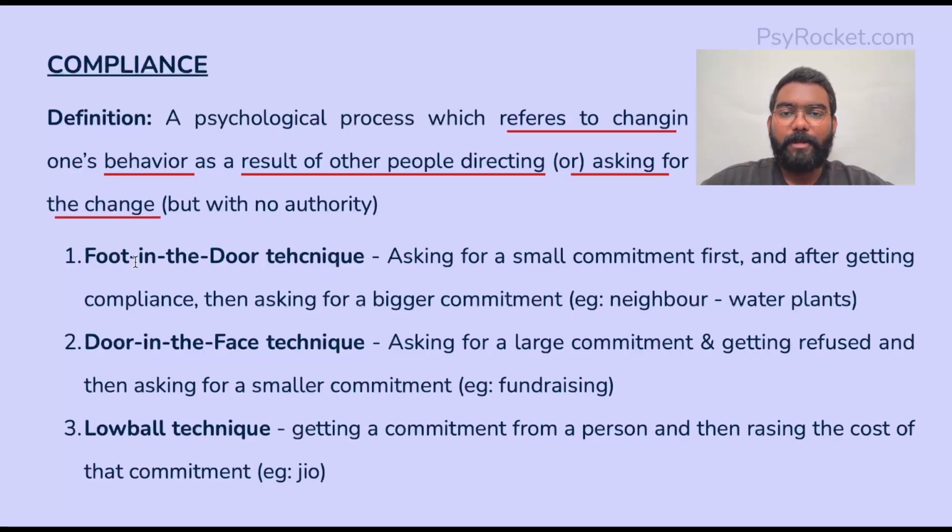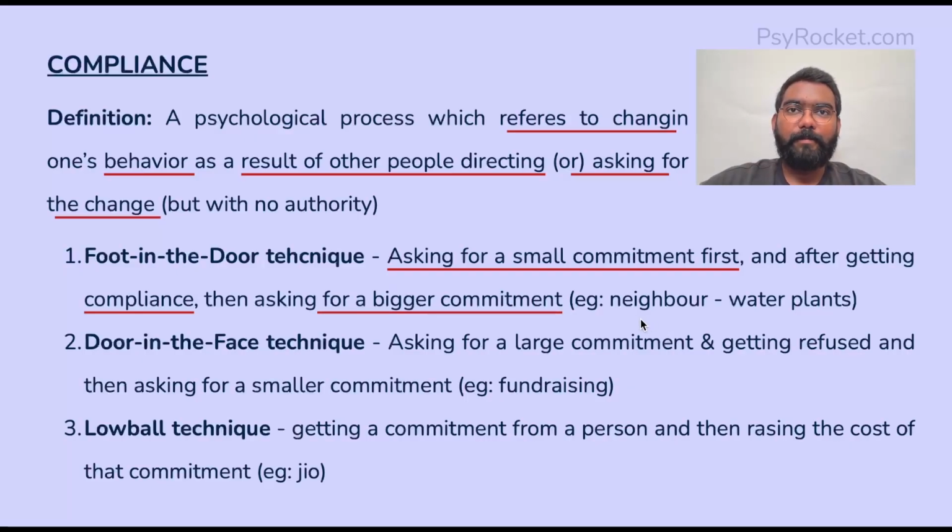First thing is the foot in the door technique. What is that? First, they will ask for a small commitment, and after getting compliance, they'll ask for a bigger commitment. For suppose you are in an apartment, and your neighbor, the opposite flatmate, went to a camp for one day. Then he will call you and ask you to water the plants outside of their home.